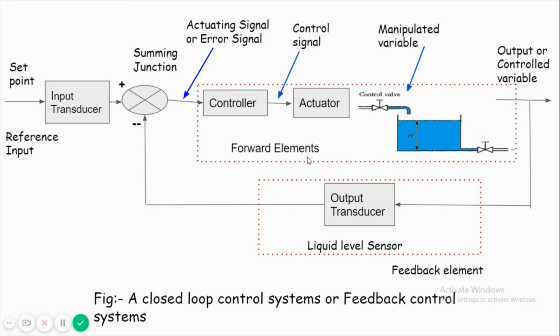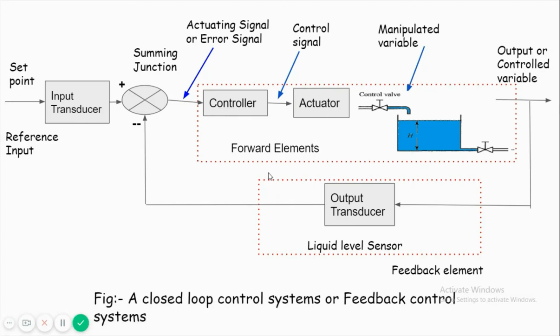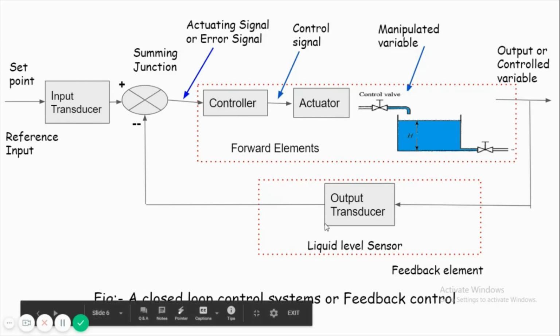For the forward element it is from this direction to this direction, and for the feedback element we can see the direction is from here to this. So the direction of forward elements is reverse to the direction of the feedback elements.